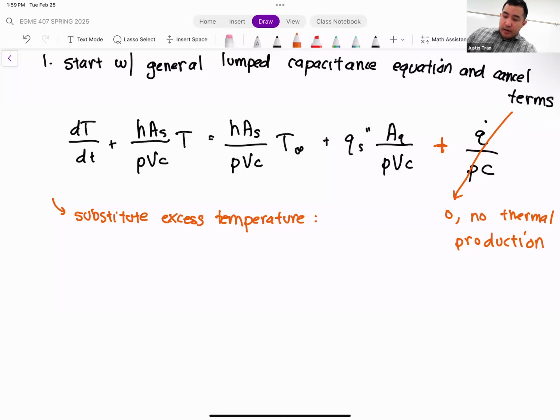Okay, so you can substitute excess temperature. Remember, the excess temperature θ is equal to T minus T infinity. That's going to simplify our math a little bit, and it's going to allow us to combine both of the convection terms.